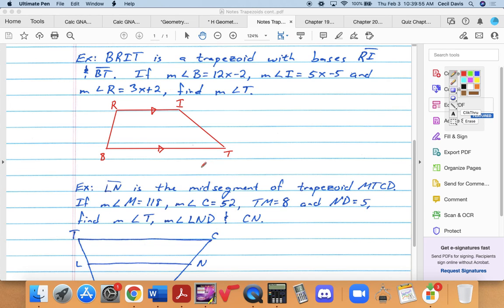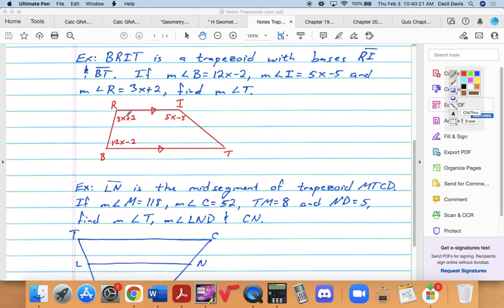Okay, so pay attention. The measure of angle B is 12x minus 2. Measure of angle I is 5x minus 5. And the measure of angle R is 3x plus 2. Only 2 of those angles are actually related to each other. Which 2? R and B. Exactly.